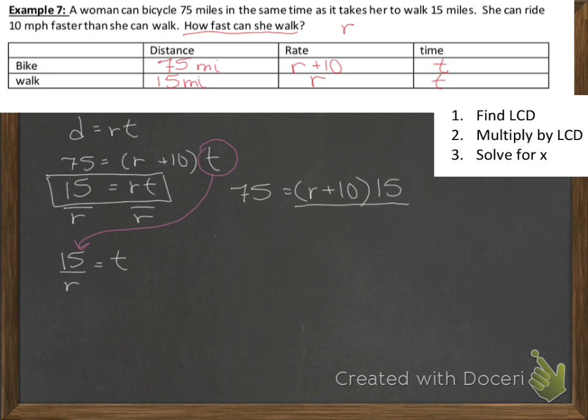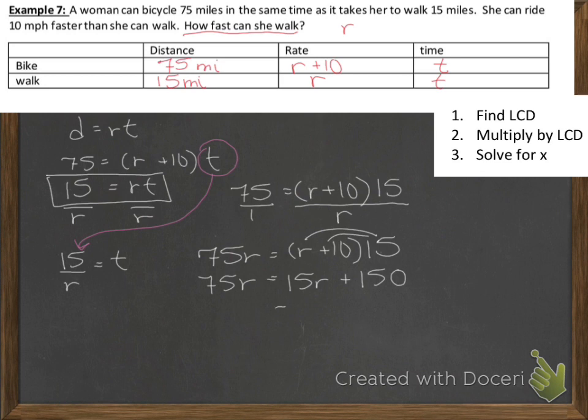I'm going to write it like this so that it's clear that I now have a proportion, which I can then just cross multiply and solve. So we get 75r equals r plus 10 times 15. We can then use the distributive property over here. We get 15r plus 150.